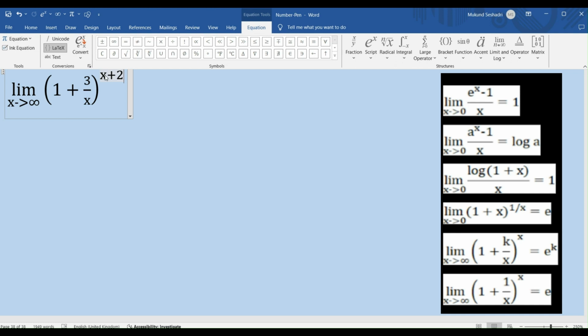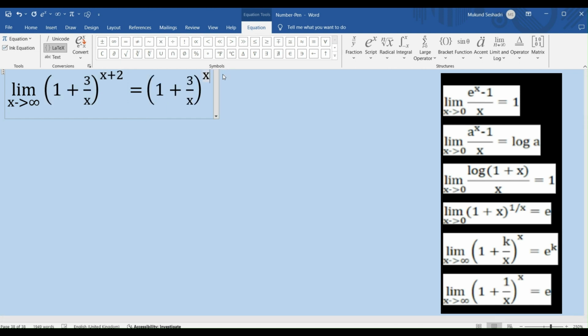So let's assume that anything is equal to a. A to the power x plus y equals a to the power x into a to the power y, right? And if I use that particular formula and rewrite this expression, what do I get?